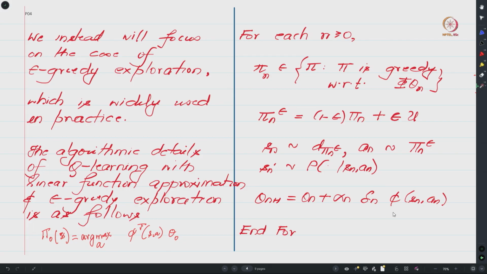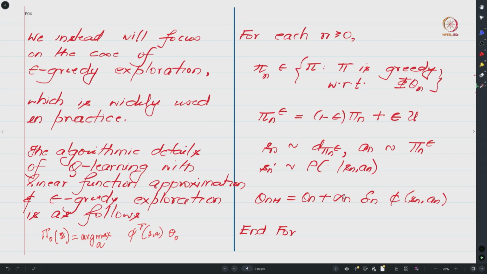If you remember, in the TD0 algorithm also we had an update rule very similar to this. Whatever recipe we followed there, if we follow the same recipe, we will come up with an update rule of the following form. I will soon talk about the difference between that update rule and this one, but firstly let me elaborate what delta n is.